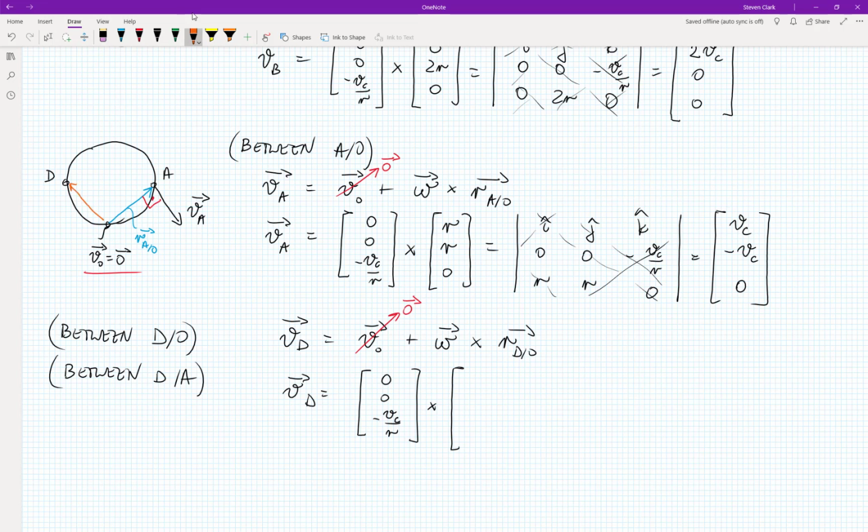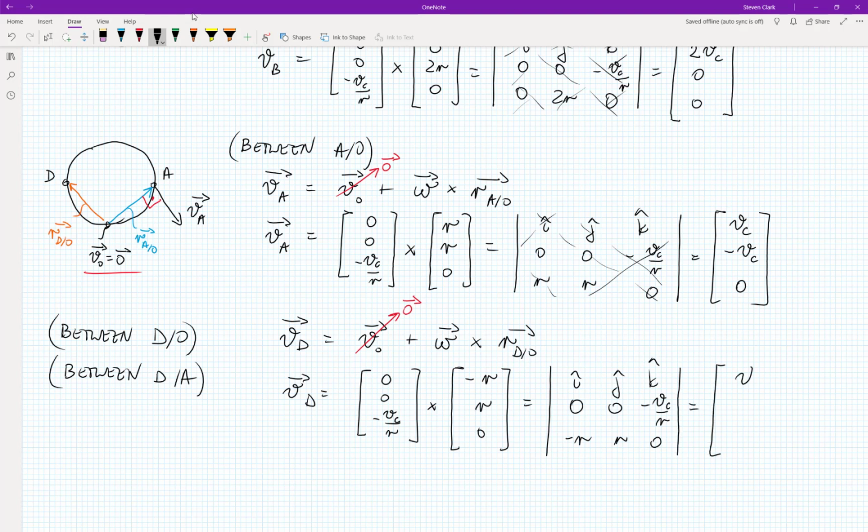This is RDO. And its components are minus R, R, 0. Okay, determinant. And if you solve this determinant, you will obtain that our velocity vector is VC, VC, and 0.